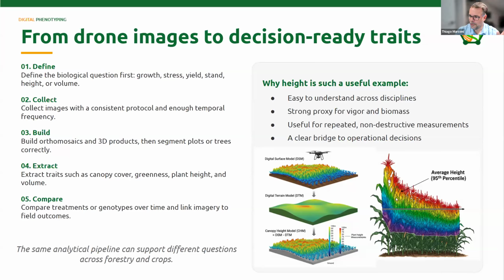But usually we get better correlation when we look at the 95th percentile of the average height of your plot. You get very high correlations with field measurements there, okay?